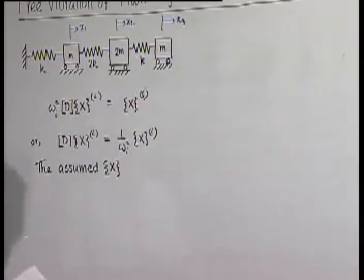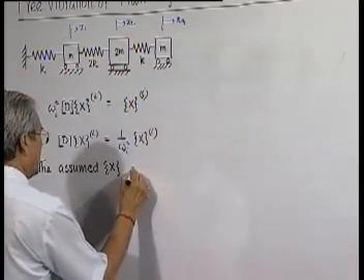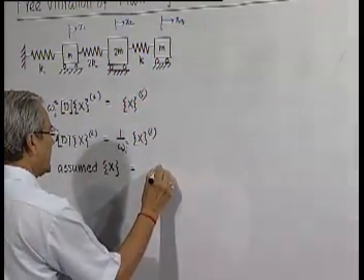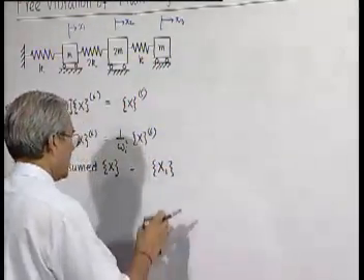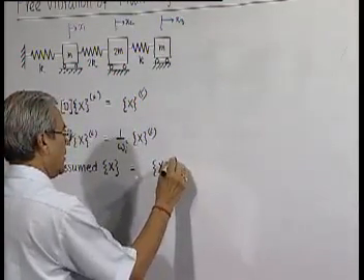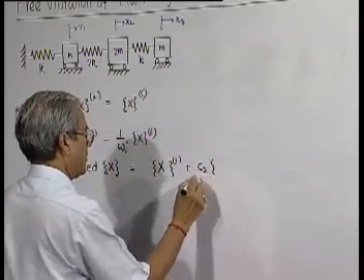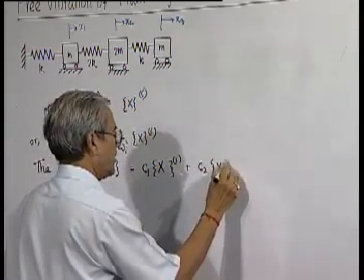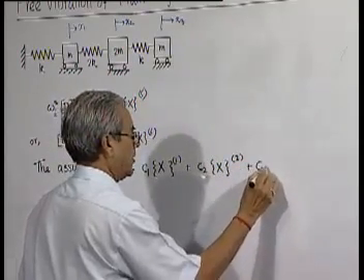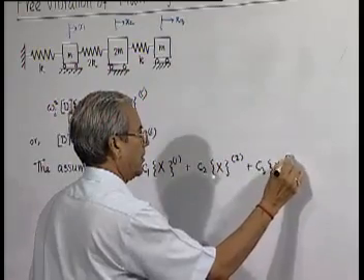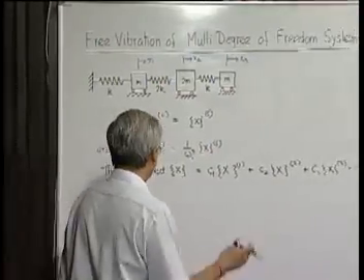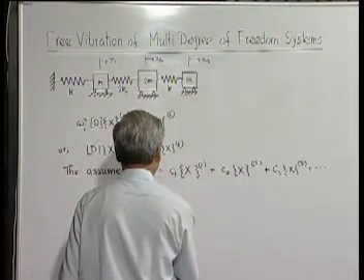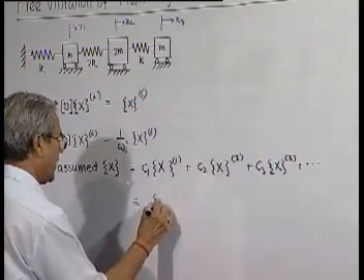Now, assumed mode shape can always be expressed in terms of the first mode, a combination of C1, or if we still further normalize, we can divide the whole thing by C1.